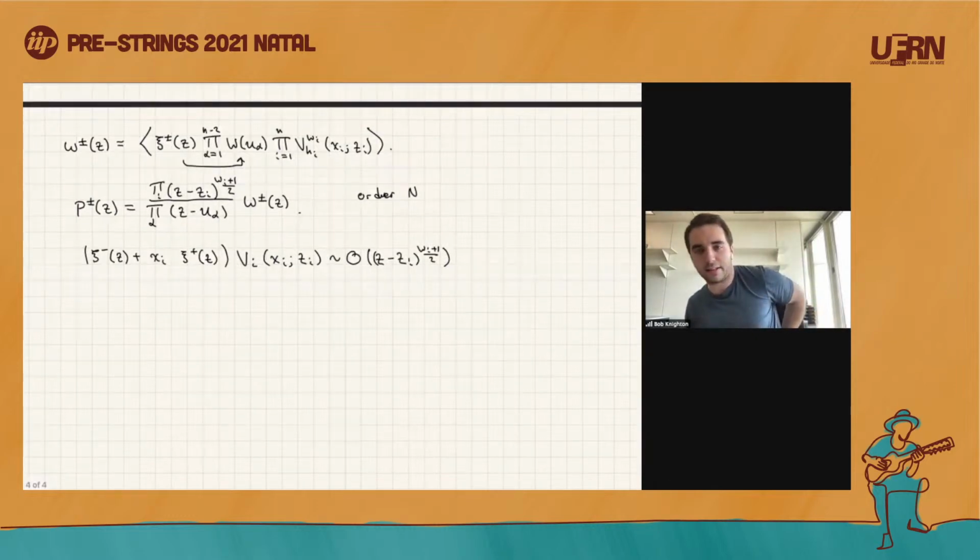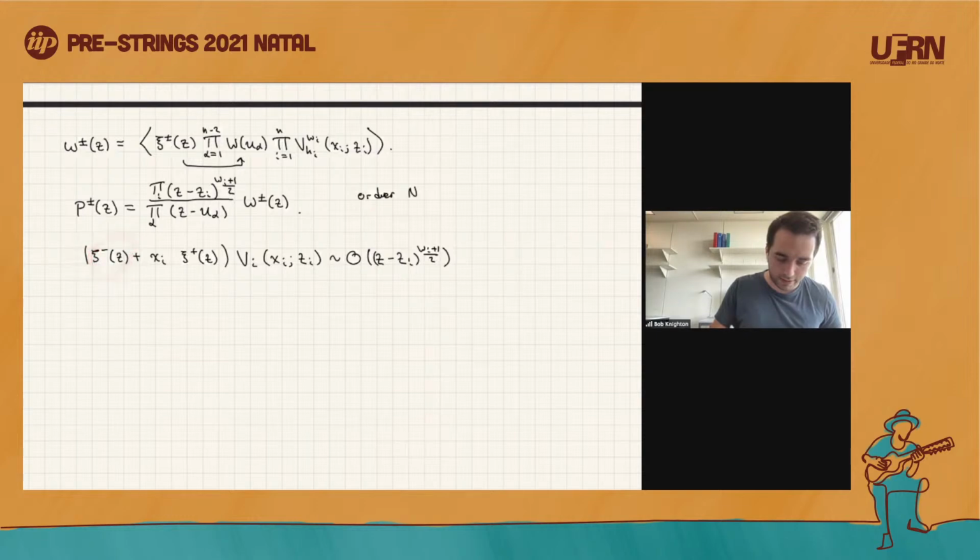And these are exactly the same constraints. If you now think about this in terms of not the Xi minus and Xi plus, but instead of these P plus or minus, they now satisfy these constraints.